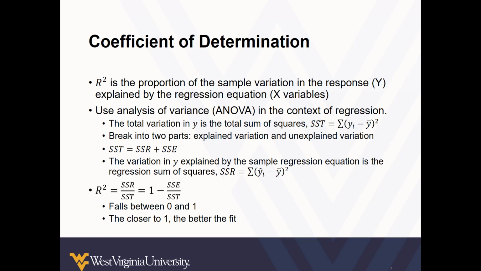And we break that into two parts, the explained variation and unexplained variation. The variation in y explained by the sample regression equation is the regression sum of squares. So our value for the coefficient of determination, or r squared, is going to fall between 0 and 1, and the closer to 1, the better the fit.